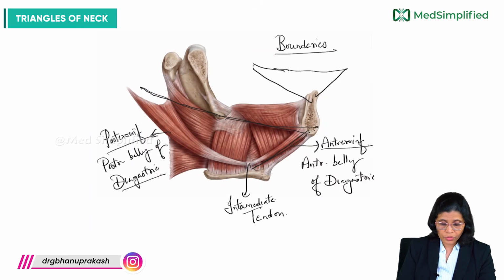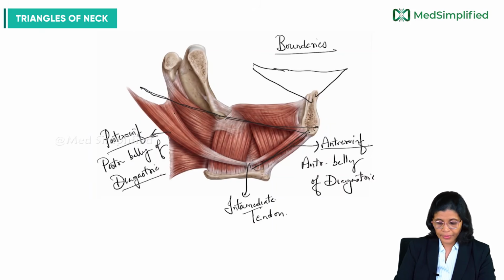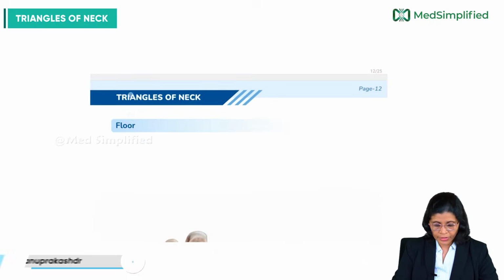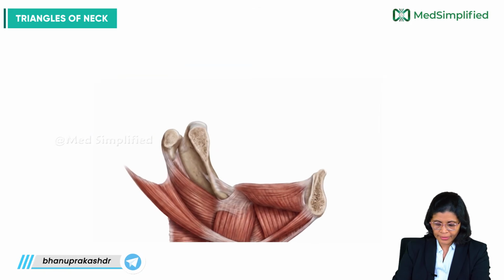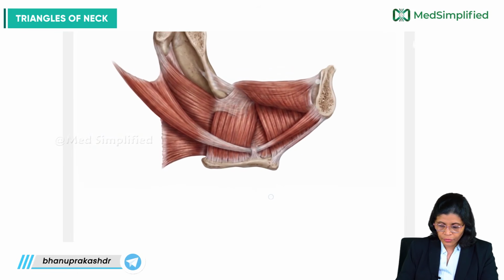And along with this posterior belly of digastric, we also see the stylohyoid muscle, which contributes to the posterior-inferior boundary of the triangle. So, coming to the floor of the triangle. Okay, so this is the floor of the triangle.